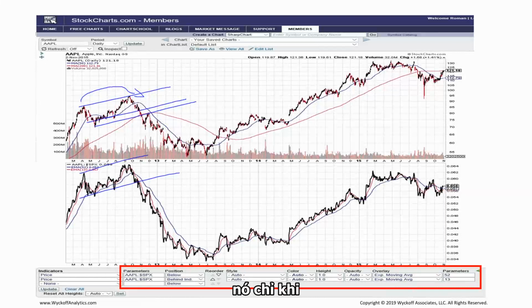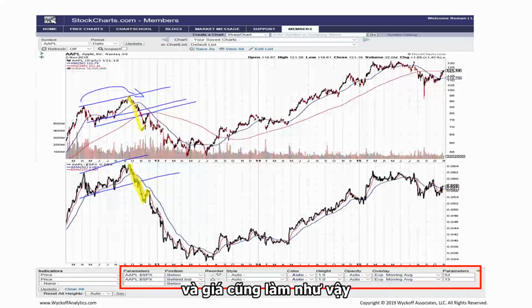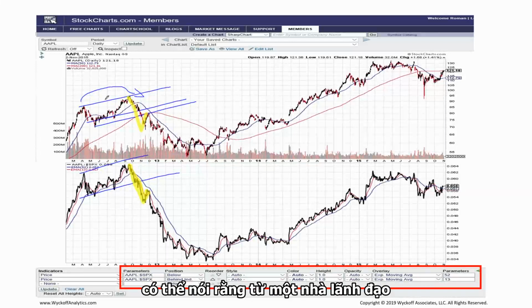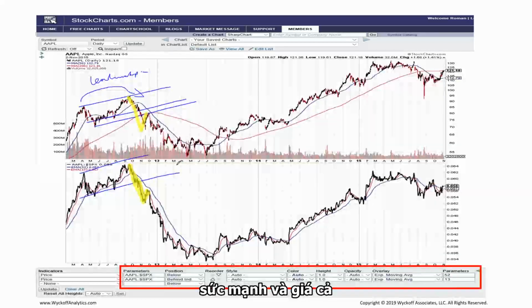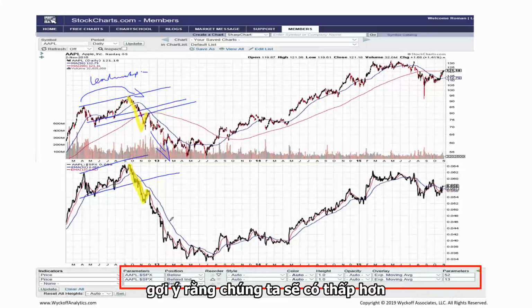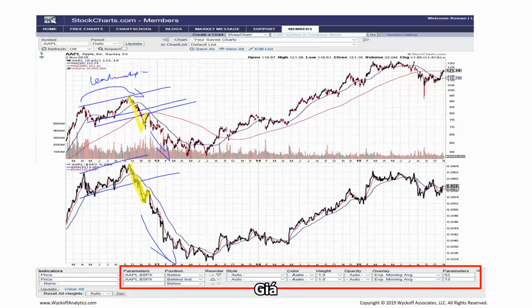It's only when the relative strength started to deteriorate in a more significant way and the price did the same, that's when we could say that from a leadership characteristics standpoint, the behavior of the relative strength and the price suggests that we're going to have lower prices, deterioration of that leadership.